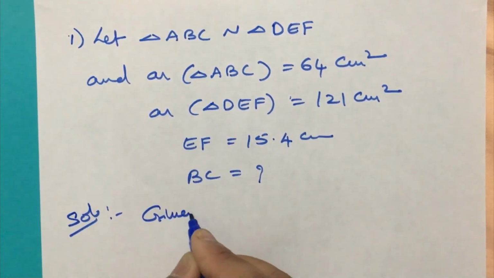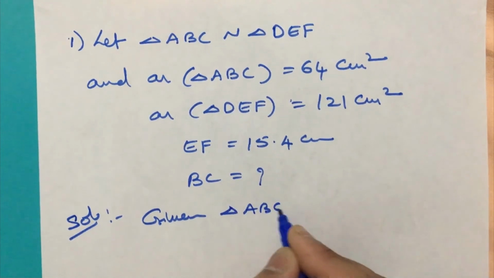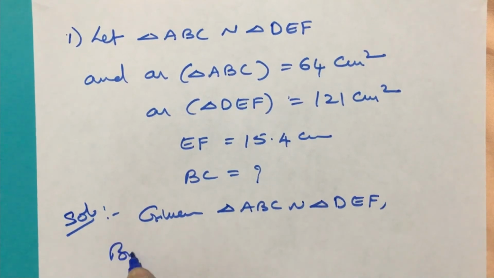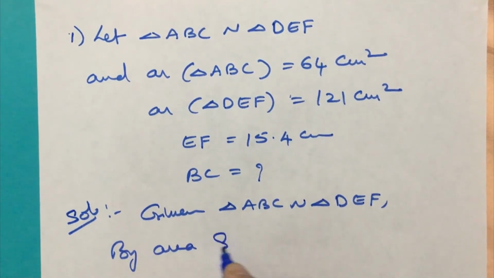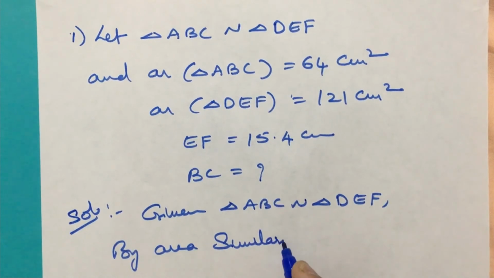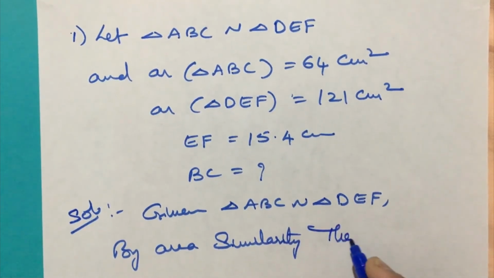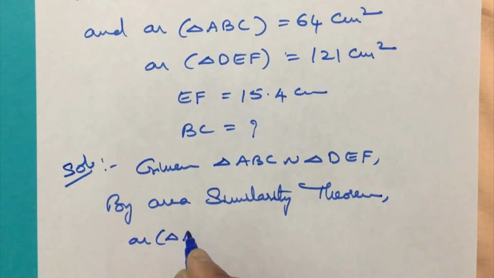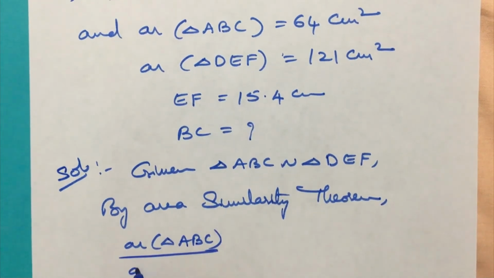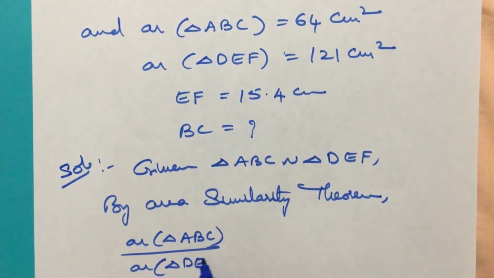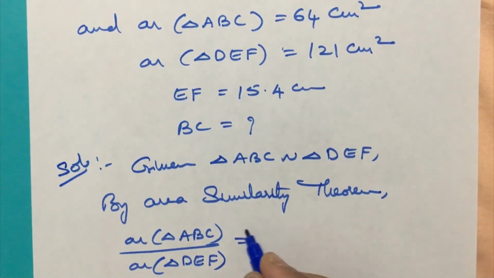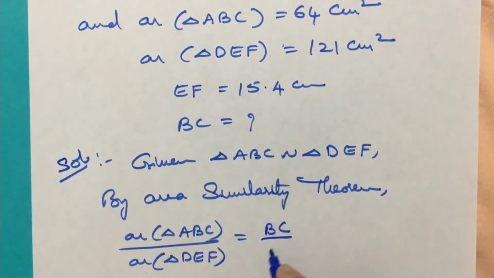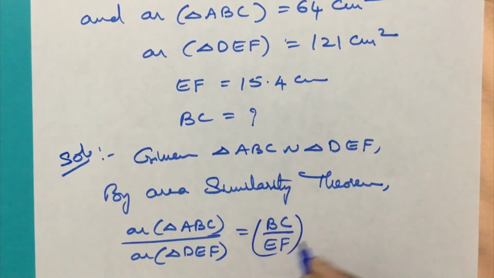So what is given here? Triangle ABC is similar to triangle DEF. So I am using the area similarity theorem. By area similarity theorem, area of triangle ABC by area of triangle DEF is equal to, as EF is given, second and third letter, BC by EF whole square.